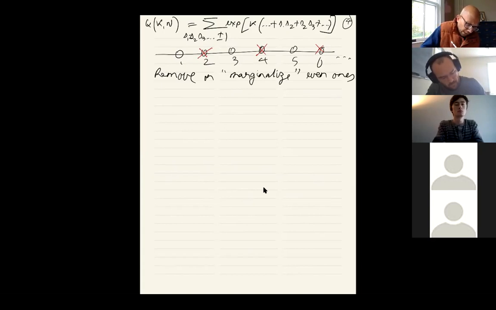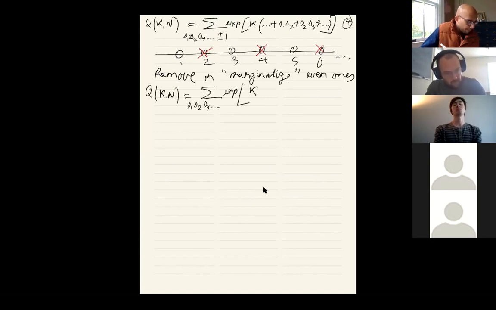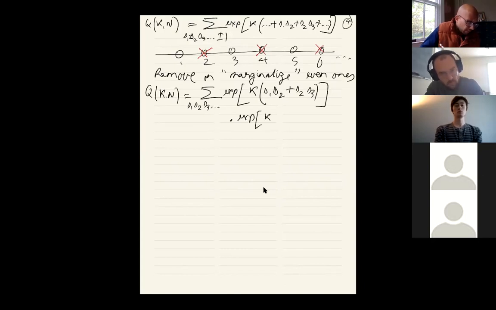Let's write it down. The same Q of K and N, summing over all S1, S2, S3, can be written as exp of K times S1 S2 plus S2 S3, multiplied by exp of K times S3 S4 plus S4 S5.